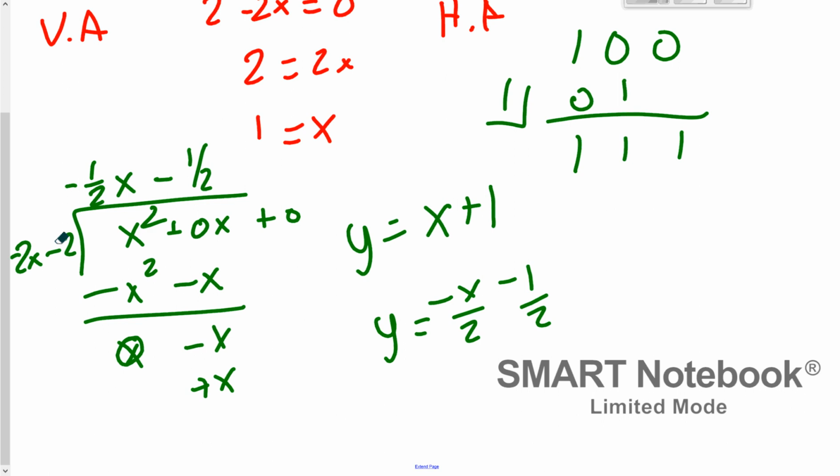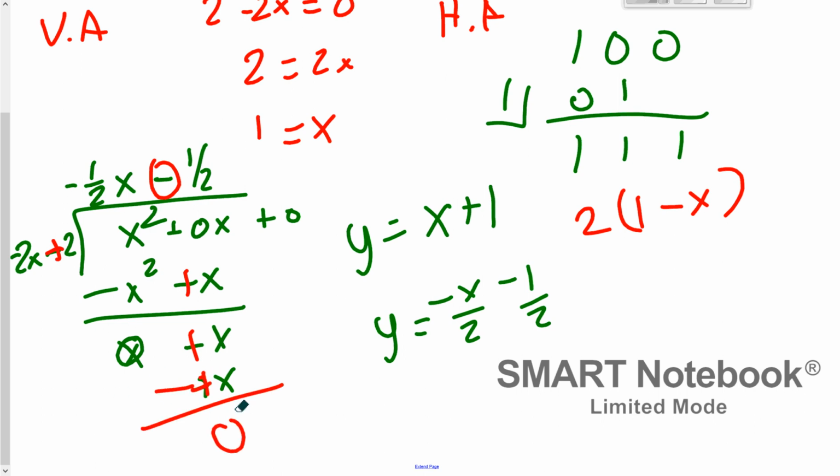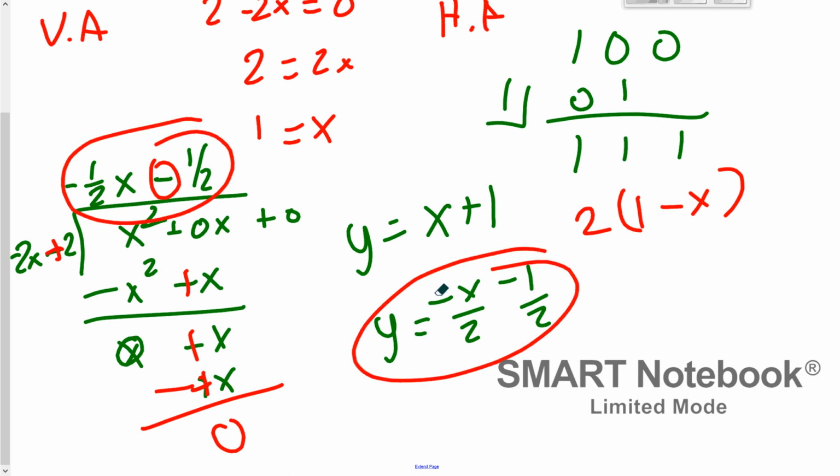So come back here, this is actually a positive 2, right? Because it's 1 minus x times 2. So it's actually positive 2. That's why this has to be negative here. So then you get a positive. Then you have to subtract them. So I subtract them, I get 0x. And so there you can see it's the same as this one.